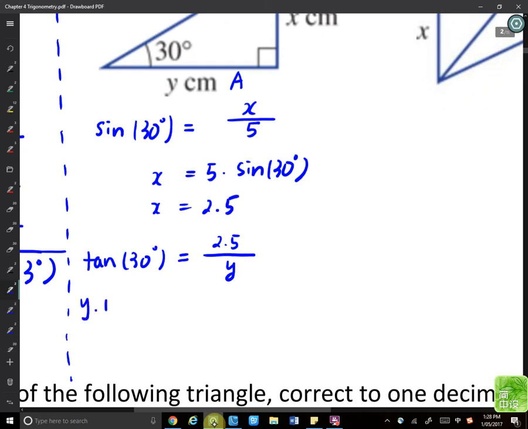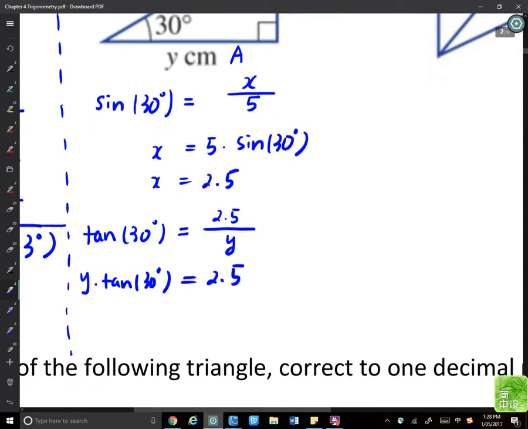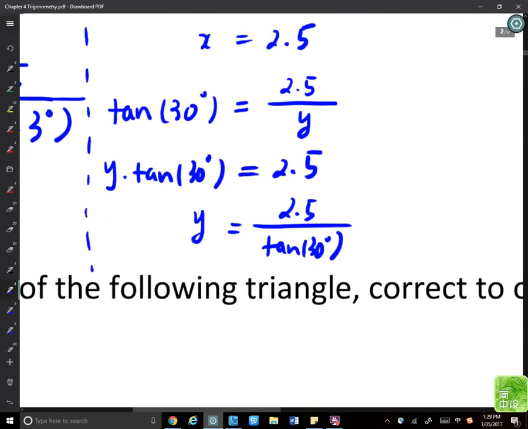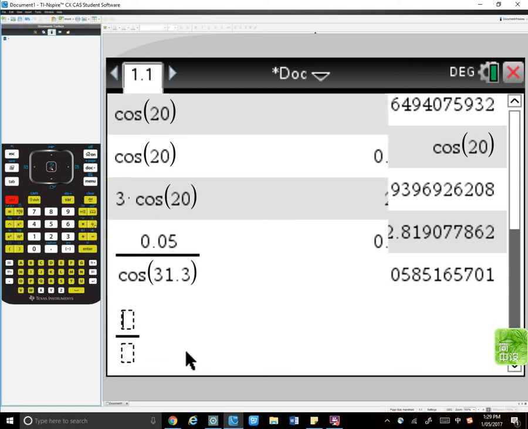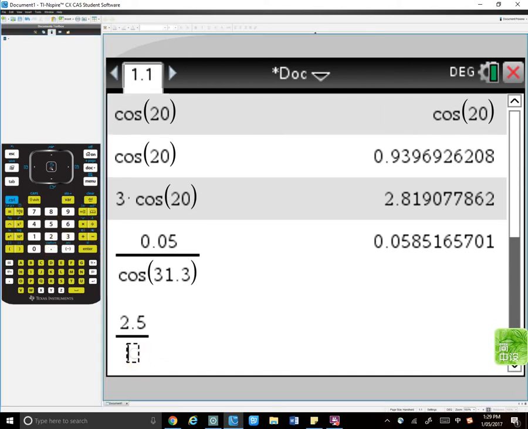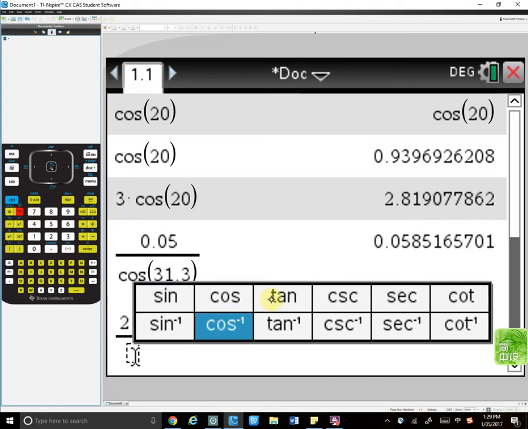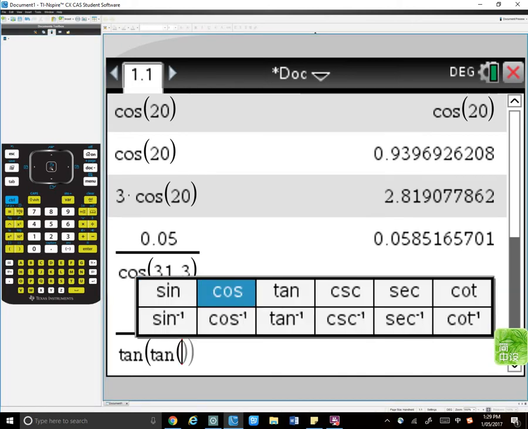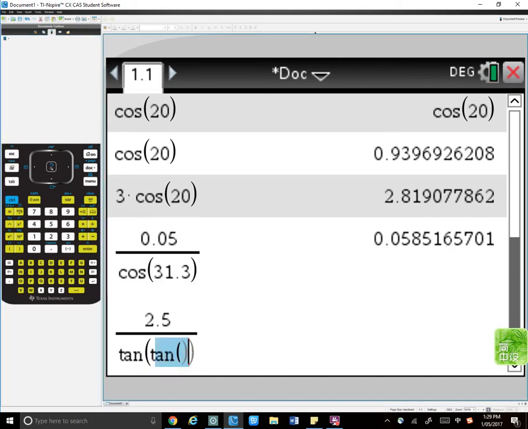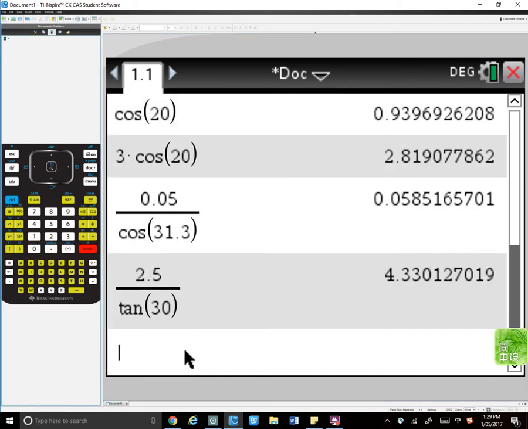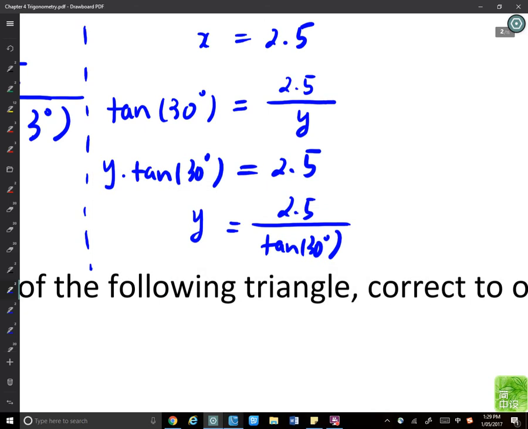So y times tangent 30 degrees equals 2.5. y equals 2.5 over tangent 30, which is 4.33.